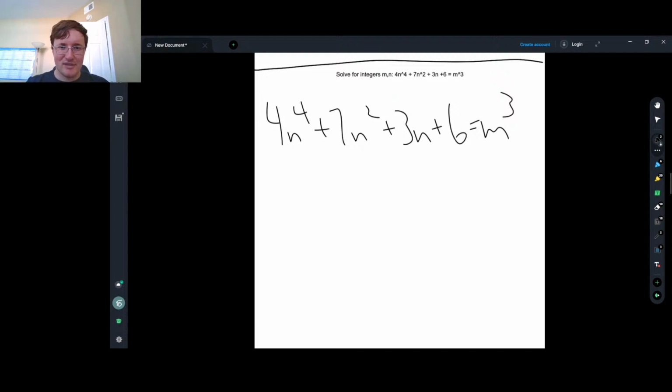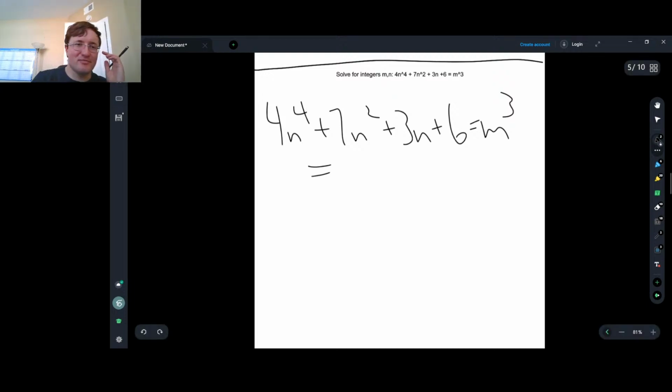If I could try taking mod 3 or 9, something like that. I noticed that there's an n cubed term missing. Maybe that'll be helpful.